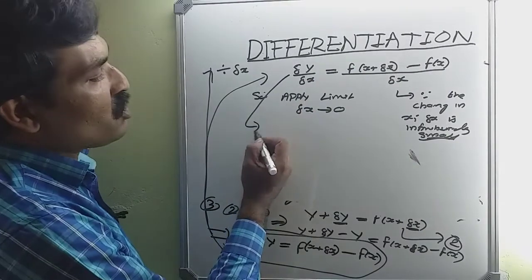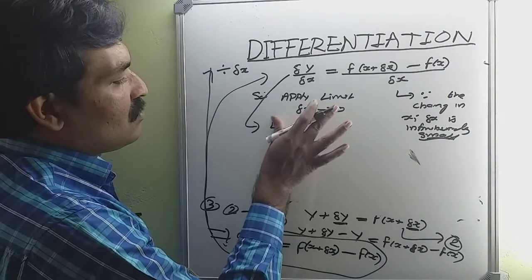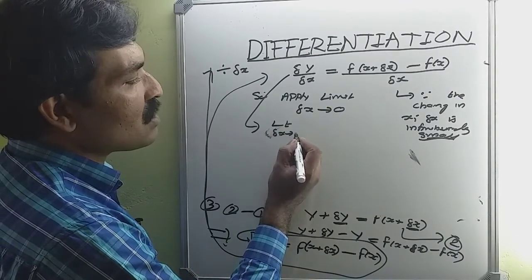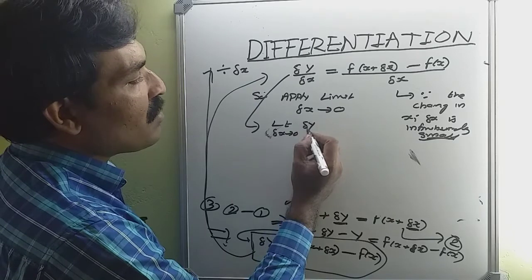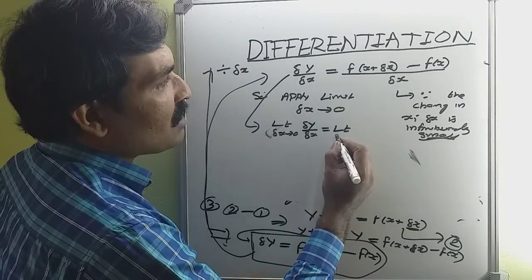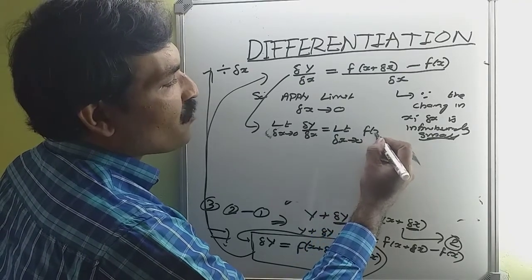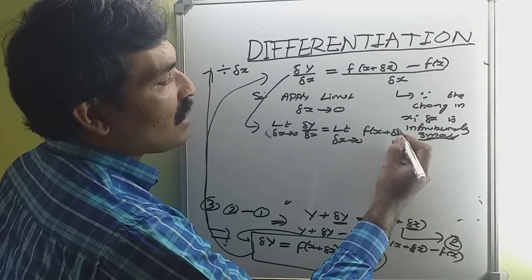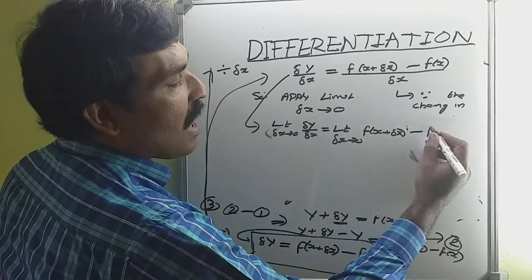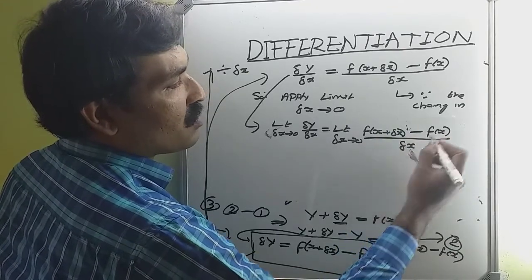So LHS becomes limit del x tends to 0, del y by del x is equal to limit del x tends to 0, f of x plus del x minus f of x by del x.